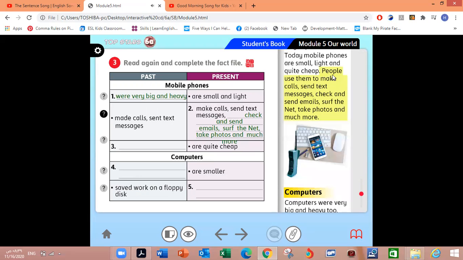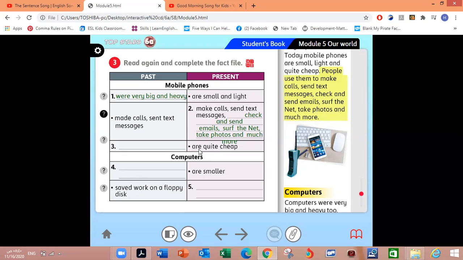Yes, you can find the answer here. People use them to make calls, send text messages, check and send emails, surf the net, take photos, and much more.